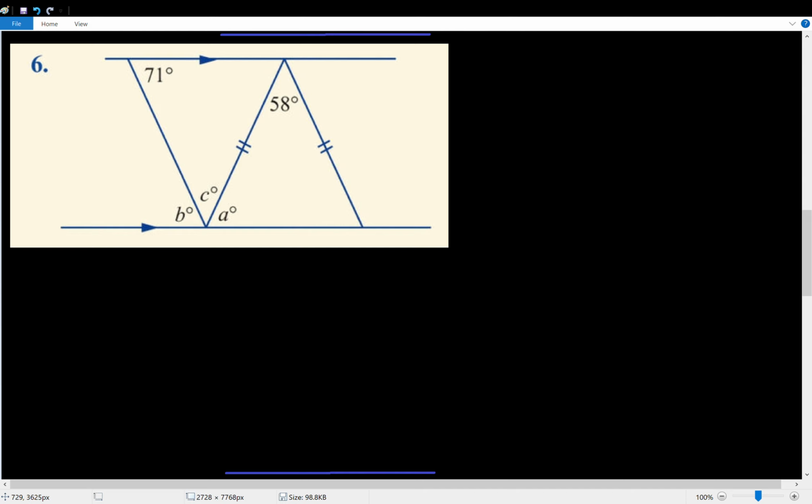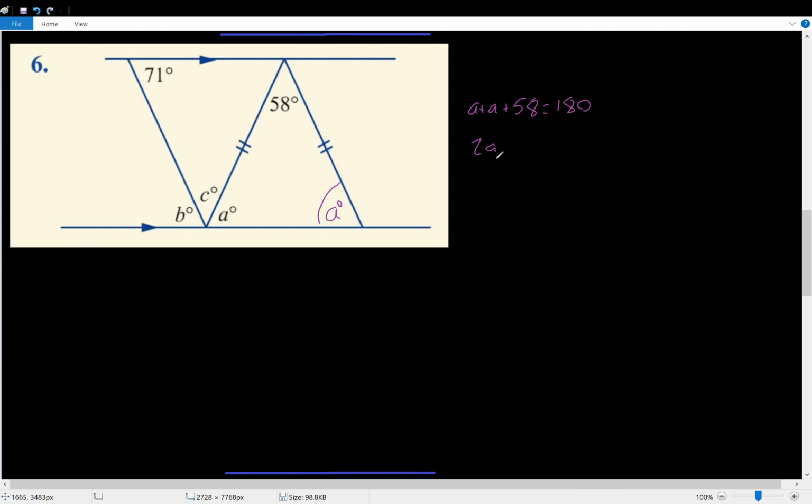We can start with A in this question. Since these two lines in this triangle that A is in are of equal length, that means that the angles opposite them are as well. So this over here is also going to be A degrees. So A plus A plus 58 is equal to 180.